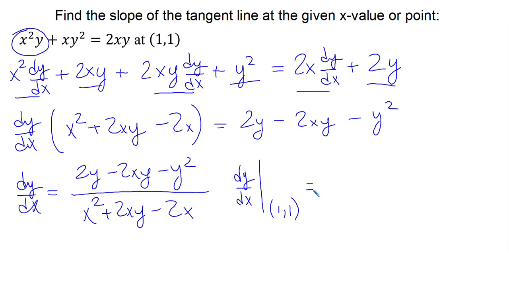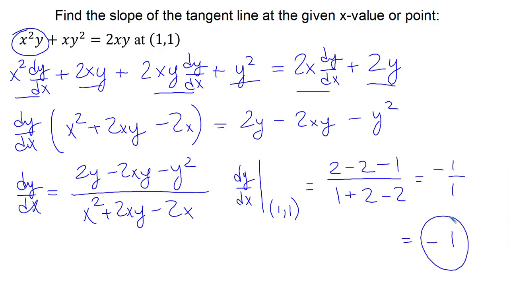So when we plug in our 1's, looks like we have 2 times 1, which is 2, minus 2 times 1 times 1, which is minus 2, minus 1 squared should be minus 1. And then in the denominator, we've got 1 plus 2 minus 2. So it looks like we end up with negative 1 over 1, or just negative 1.